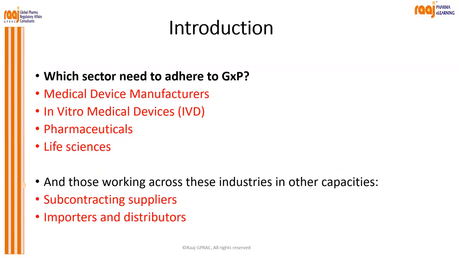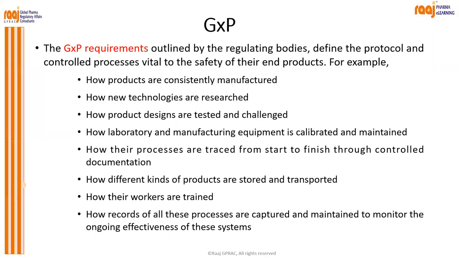And as I said, those working across this industry in other capacities like subcontractors, suppliers, vendors, importers, distributors, all these vendors and suppliers also follow these standards. So these GxP requirements outlined by the regulating bodies define the protocol and the control processes which are vital to the safety of their end products.